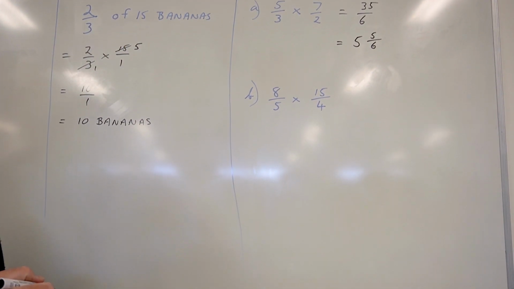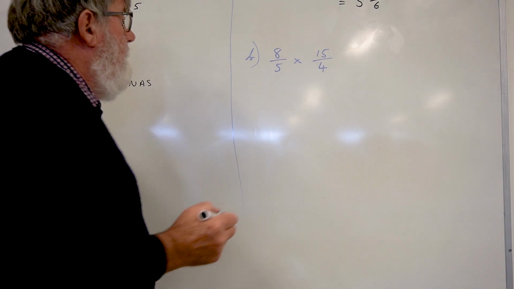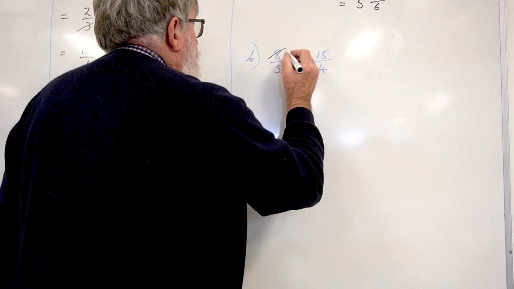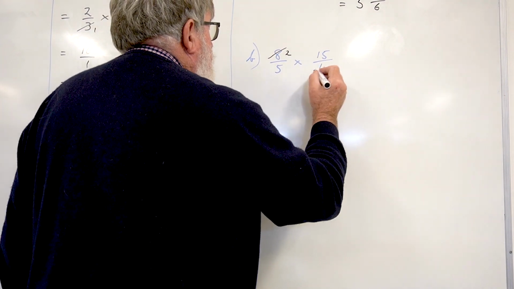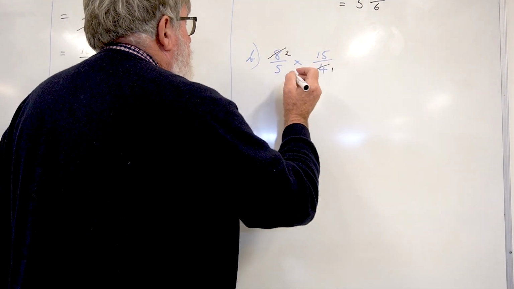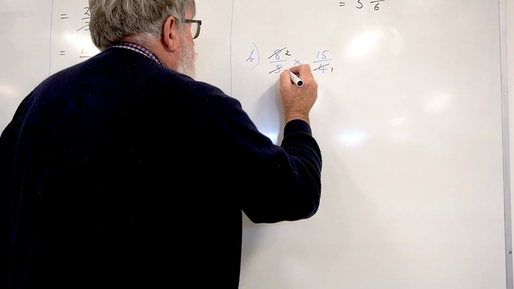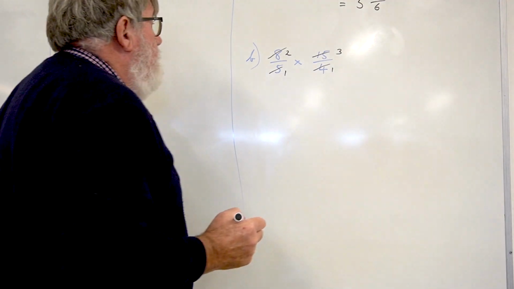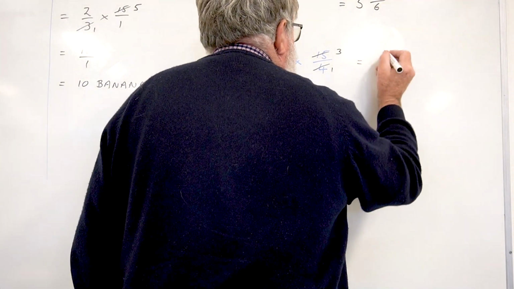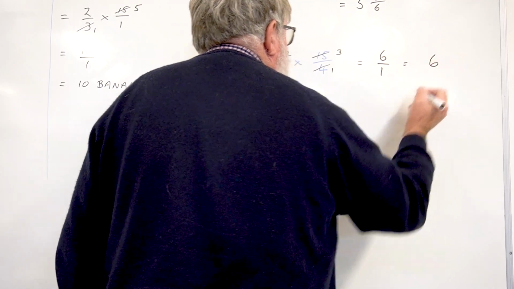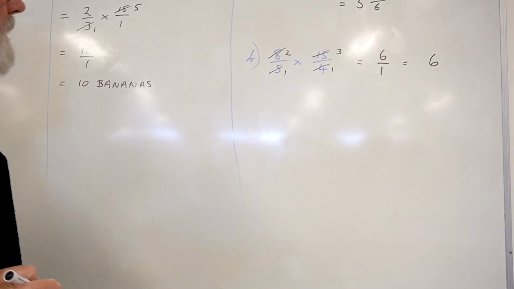Moving on to example B. 8, 4, cancelling. 4 into 8 twice, 4 into 4 once. 5, 15, cancelling. 5 into 5 once, 5 into 15 3 times. So my answer is 6 over 1, which is of course just 6.